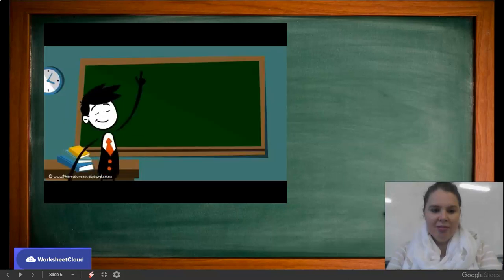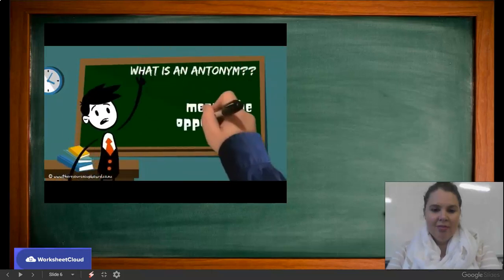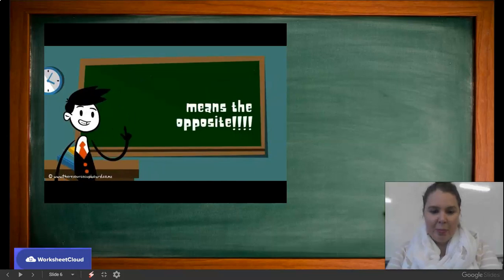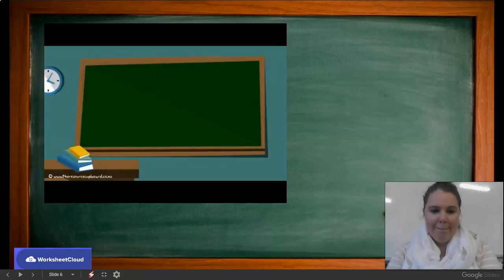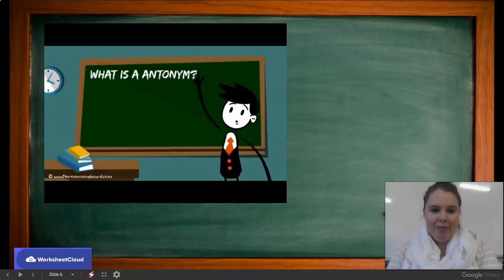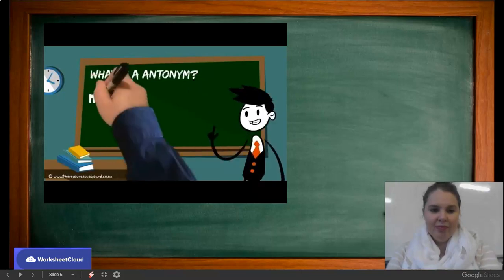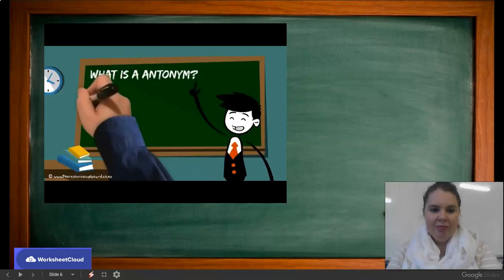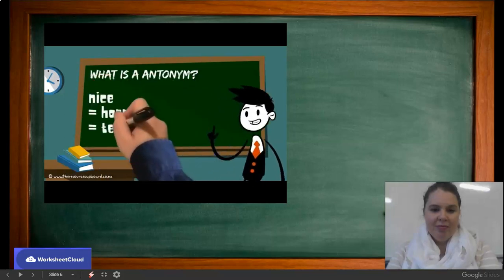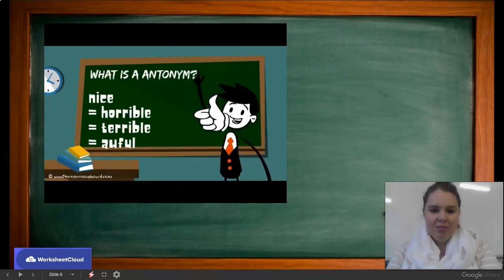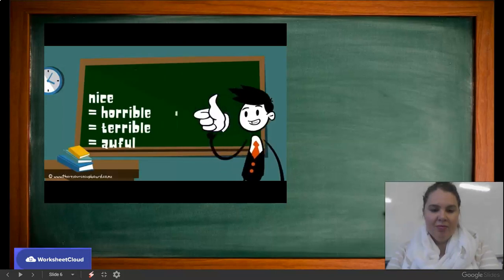So what is an antonym? Oh, I'm delighted you asked. An antonym is a word that means the opposite. Let's take that word nice again. Antonyms for nice could be horrible, terrible, awful. They are all words that mean the opposite of nice.